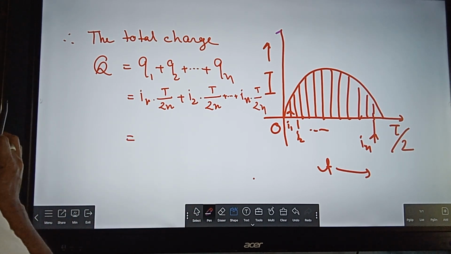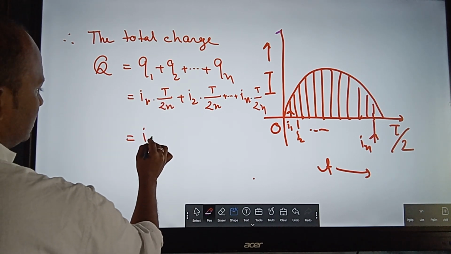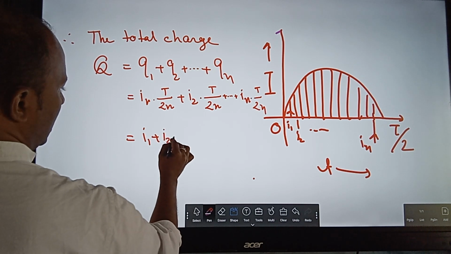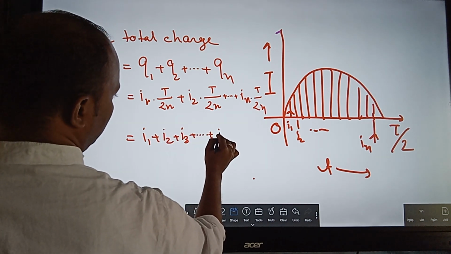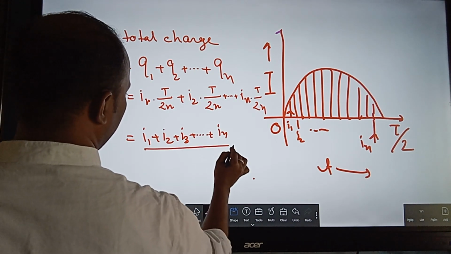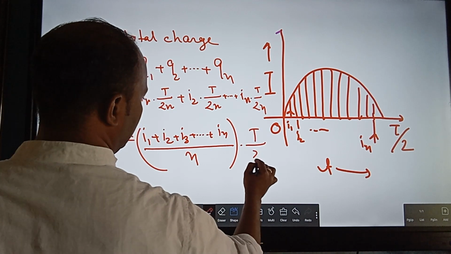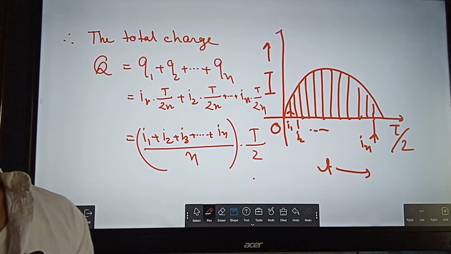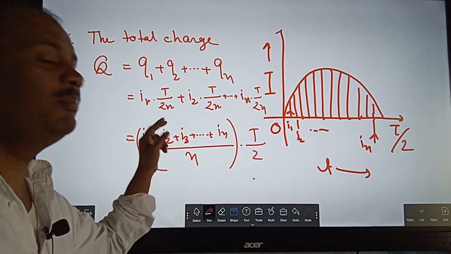Now we take common factors. We can write this as (I1 plus I2 plus I3 plus up to In) divided by n, multiplied by T/2. So this is the mean value of the current.